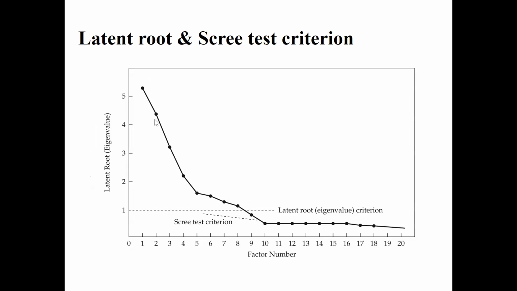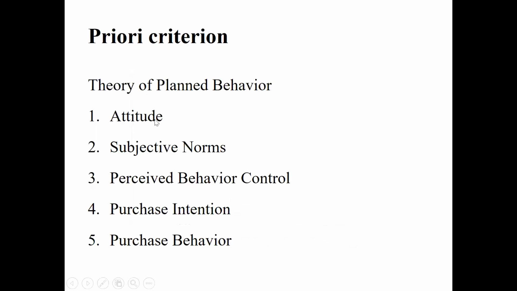It depends on the objective also. If your objective is to explain a particular phenomenon from previous studies, like the theory of planned behavior, that concept is explained through 5 factors: attitude, subjective norms, perceived behavioral control, purchase intention, and purchase behavior.